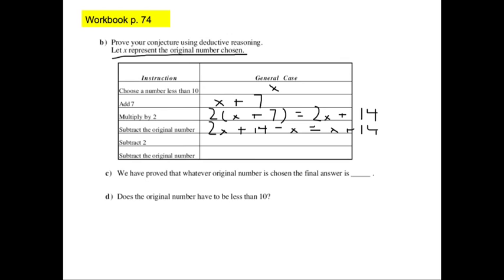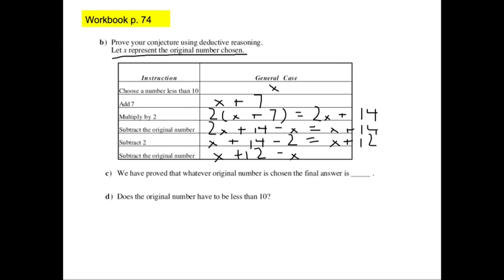If you subtract 2, what you're going to have is x plus 14 minus 2 is equal to x plus 12. And last, we have to subtract the original number, being x. It's going to be x plus 12 minus x.